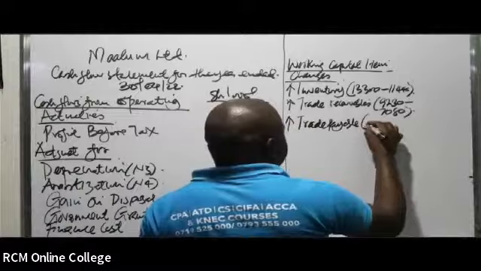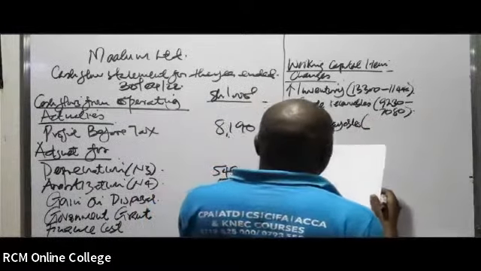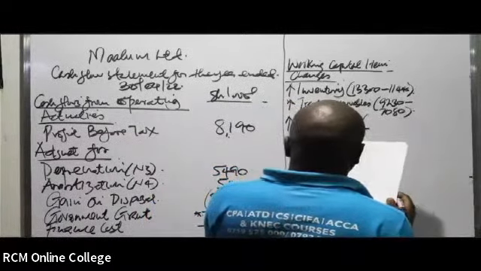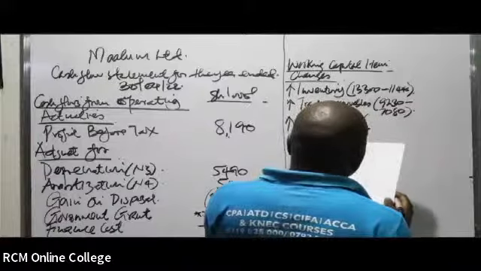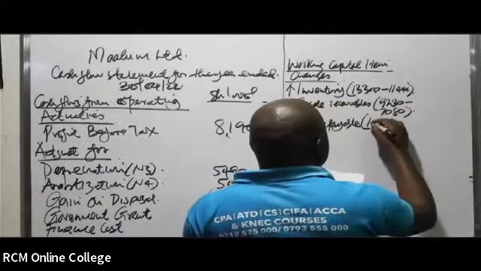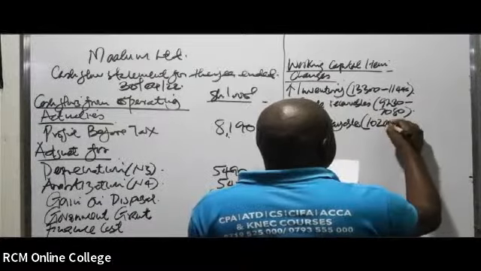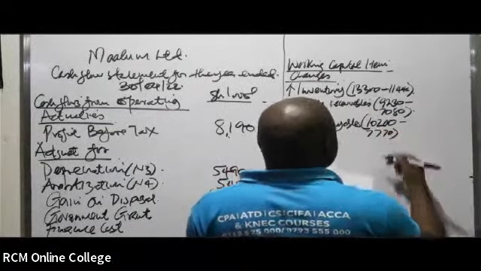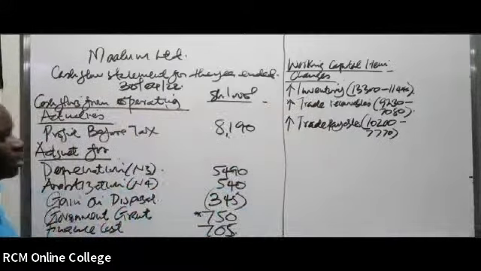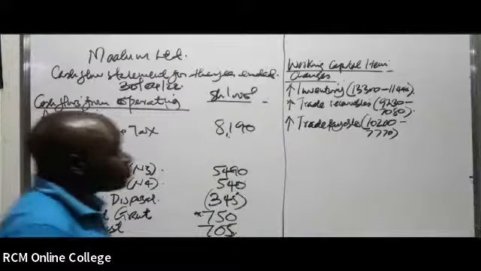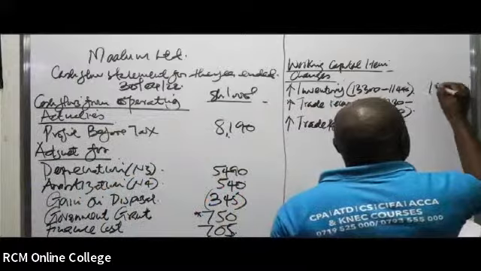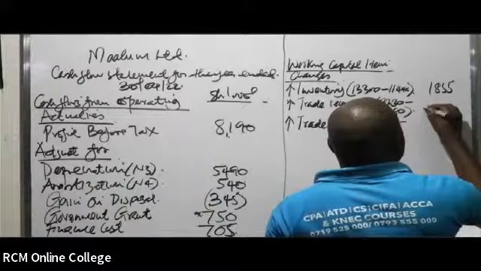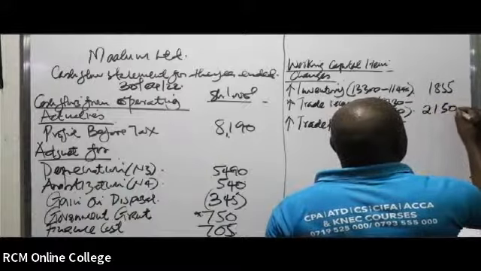Trade payables increased from 7770 to 10,200, so 10,200 minus 7770. For the increase in inventory, you get a figure of 1855, and for receivables 2150.